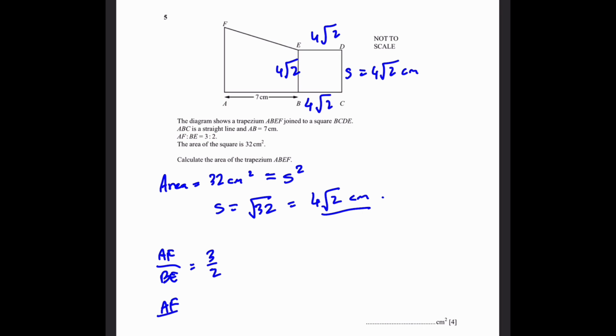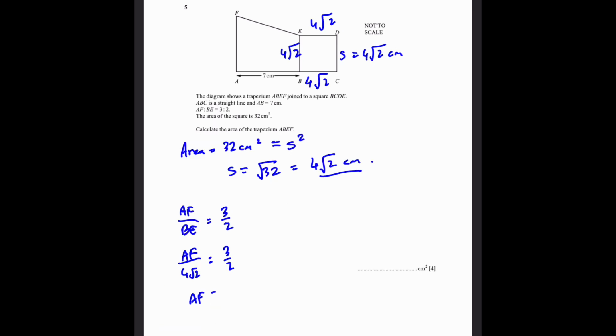So AF over 4 root 2 is equal to 3 over 2. And AF is just going to be 3 over 2 times 4 root 2. And this 4 over 2 will be 2. So 3 times 2 is 6, and we have the square root 2 there. So AF is 6 root 2 centimeters. And we can find the area of the trapezium now.